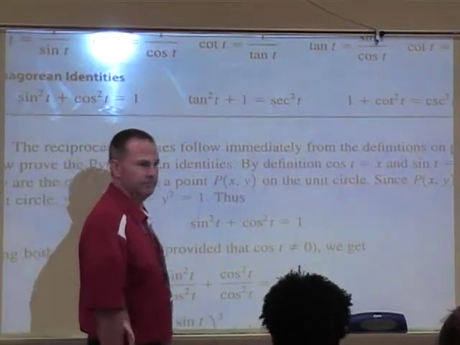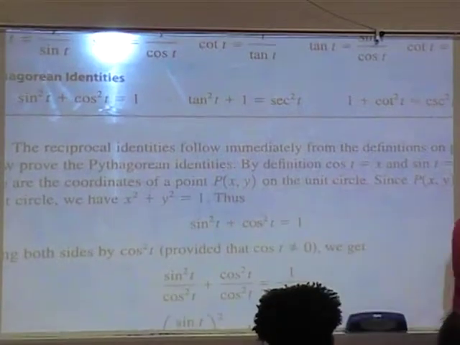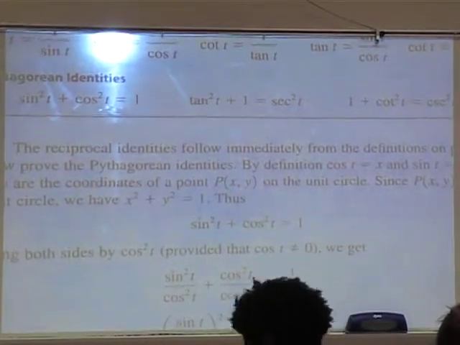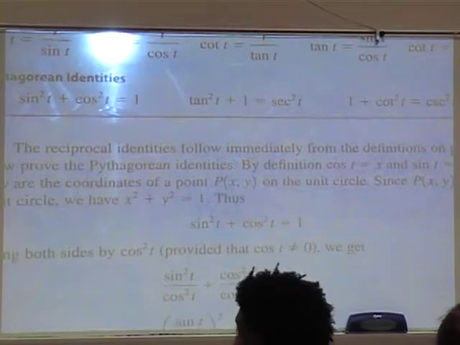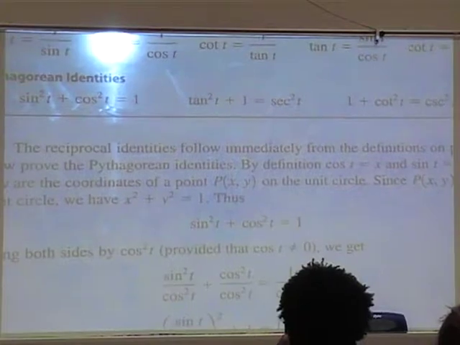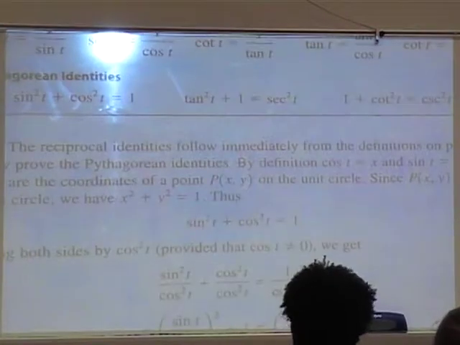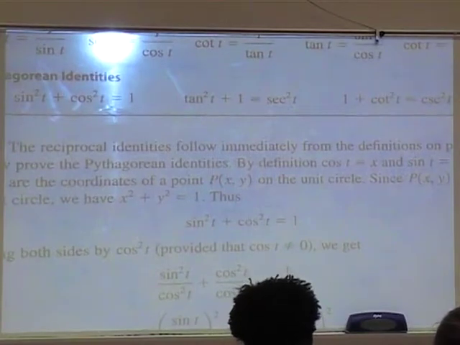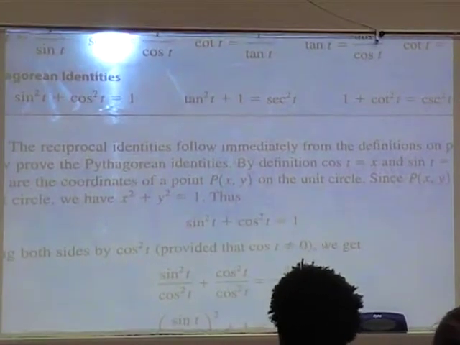Write faster. You have it in your book. You can write it down. What's after the cosecant? T.